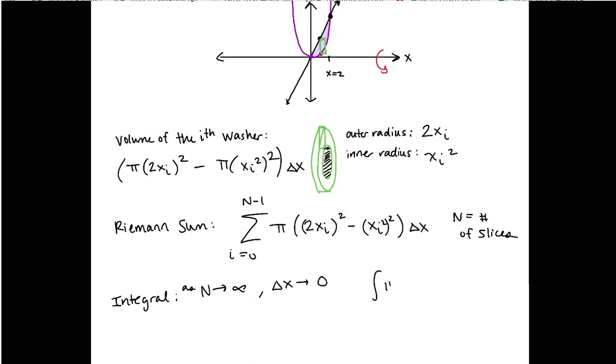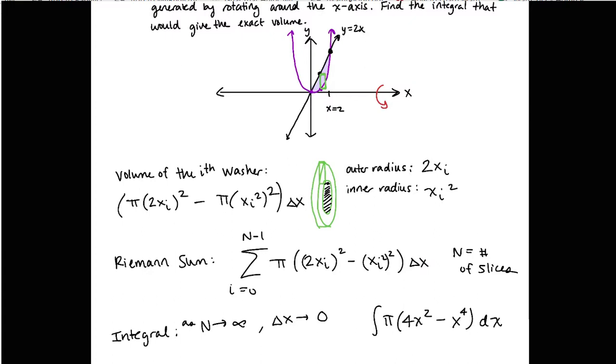So we have pi, 2 squared is 4, so we have pi times the integral of 4x squared minus x squared squared, which is x to the 4th, dx. And our integration is going to range from wherever we start our washers to where we stop them. So we would start slicing here at the left point of the region, and we would stop slicing here at the right point.